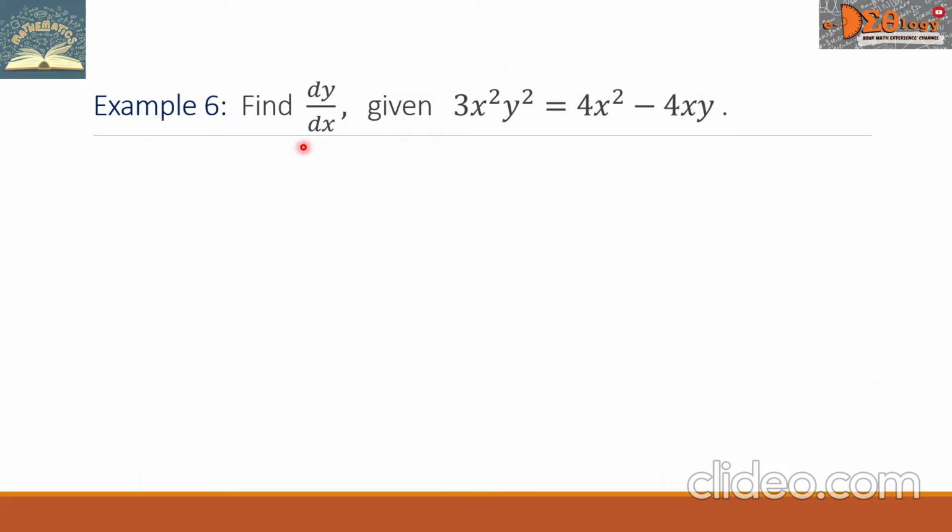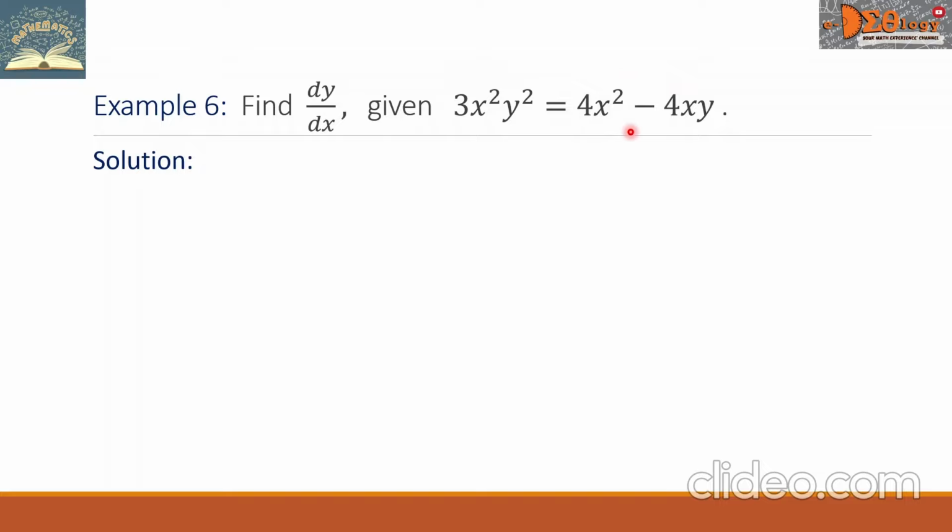Example 6. Find dy over dx given 3x squared y squared equals 4x squared minus 4xy. We can see in our problem that we have 3 terms. 1 term on the left, 2 terms on the right. We can see that the term on the left is a product of x and y functions respectively.